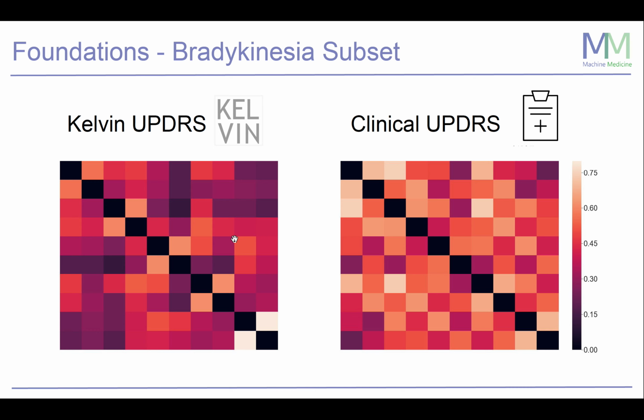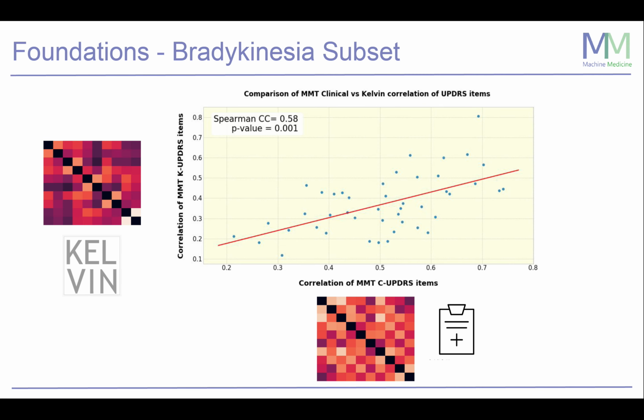The way that we assess that objectively is we can take these two correlation matrices and compare them item by item, and then plot the item by item comparisons on a scatter plot, and ask ourselves, what's the correlation between these correlation matrices like? Is it a non-random and high correlation, or does it look like the kind of thing we would get from two randomly selected and unrelated correlation matrices?